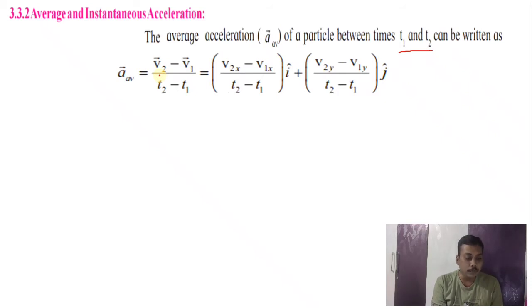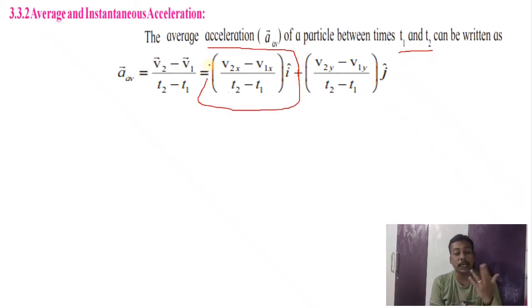Now v2 is velocity at time t2 and v1 is velocity at t1. Here I replace it with the x and y components. Just for a moment consider that v2 is the final velocity at time t2, and v1 is the velocity at t1.